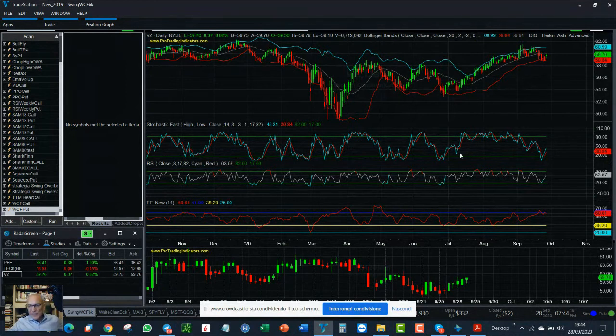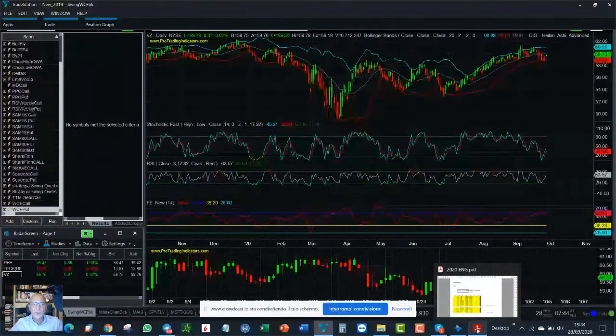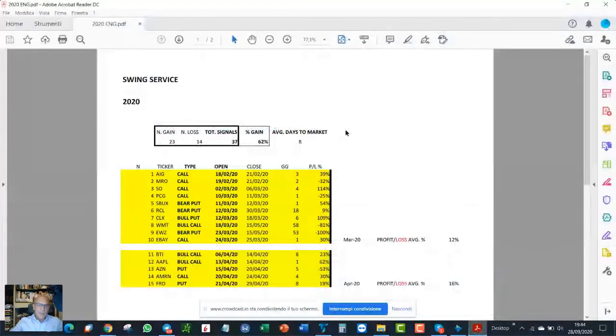So let's see how we did in 2020. Okay. In 2020, we had so far a total of 37 signals. So with the rules that I just explained, we basically had 37 equities that matched all the criteria.